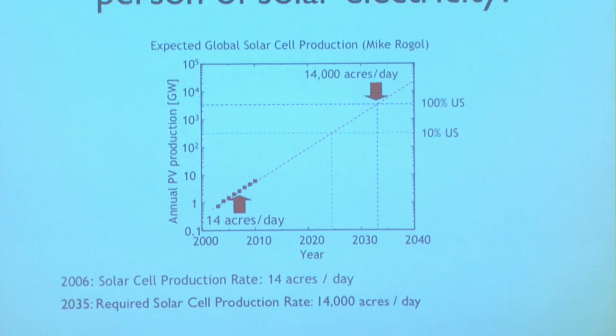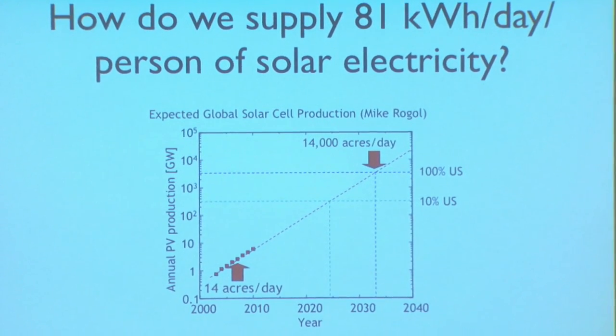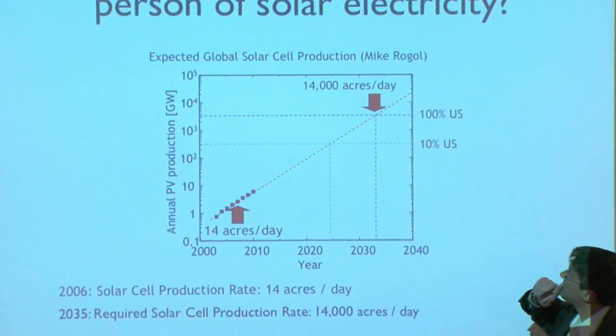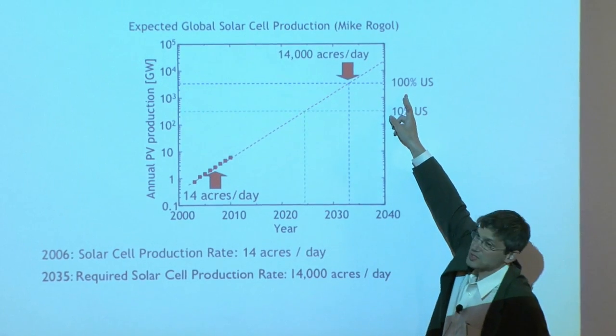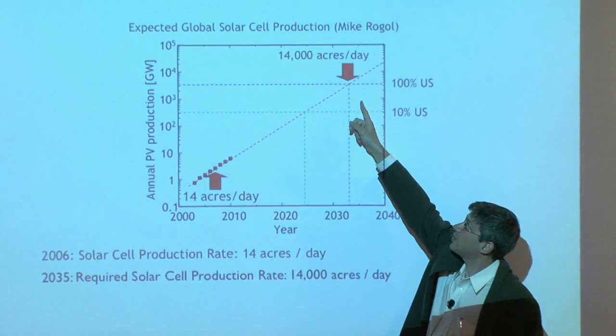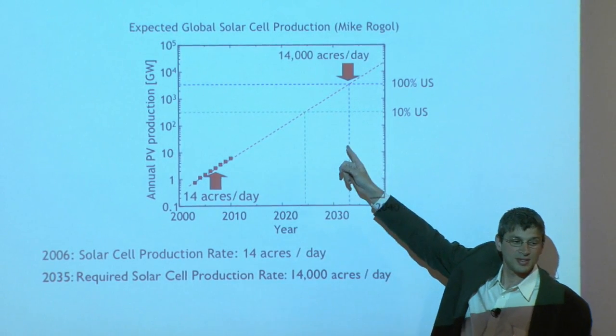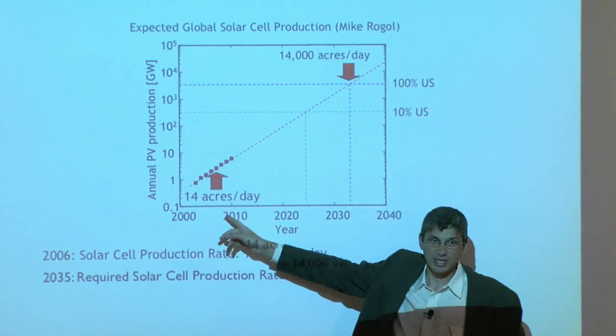That's from Without Hot Air, an analysis done in that book. That should be a target. But if you want to meet that target, you're going to need to get to about 100% of US electricity generated by solar PV, or close to that, and that would require being able to make 14,000 acres per day. And today we make 14 acres per day.